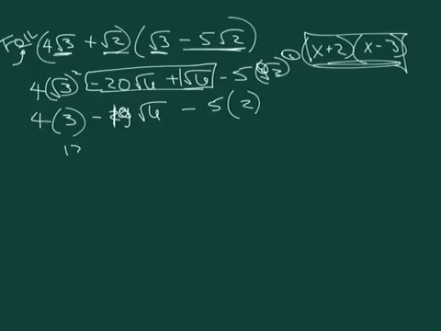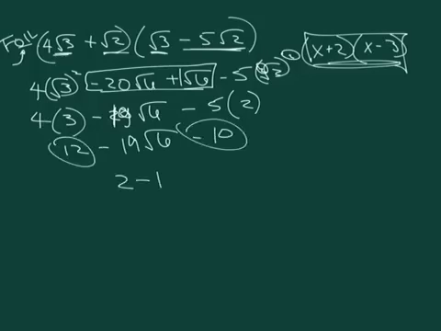Alright, so that gives me 12 minus 19 square root of 6 minus 10. 12 minus 10 is 2. And that's as far as you can go in this particular problem. Can't simplify it any more than that.